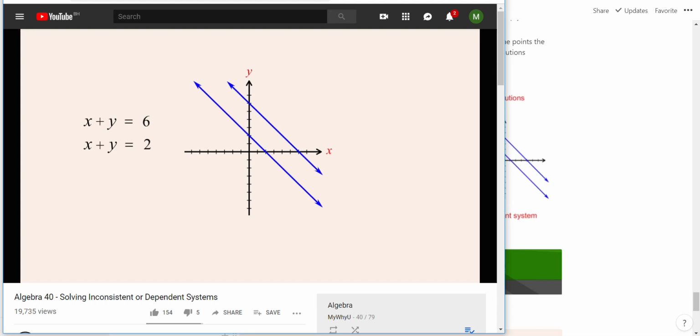Using the elimination method to solve this system, we first multiply the bottom equation by -1, and then add the two equations to eliminate a variable.